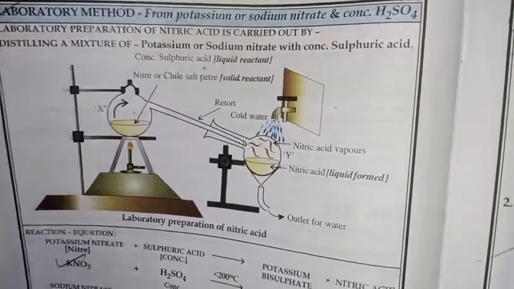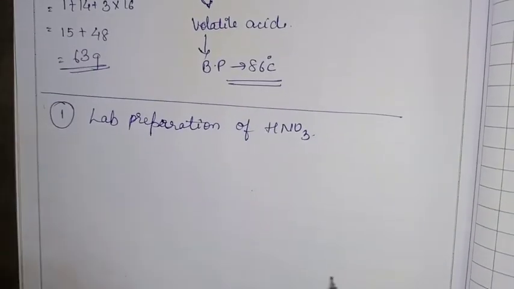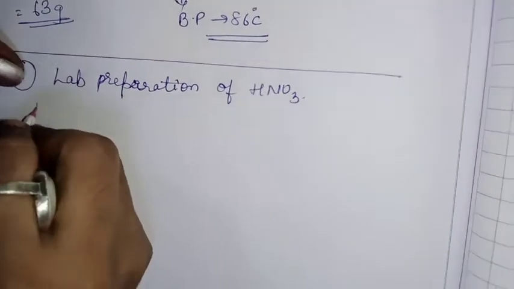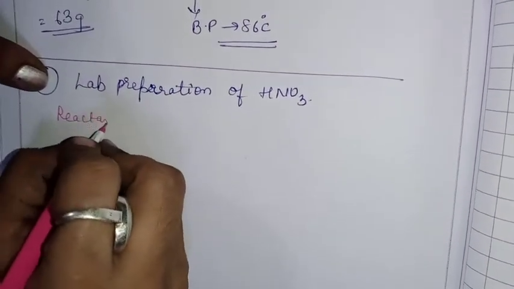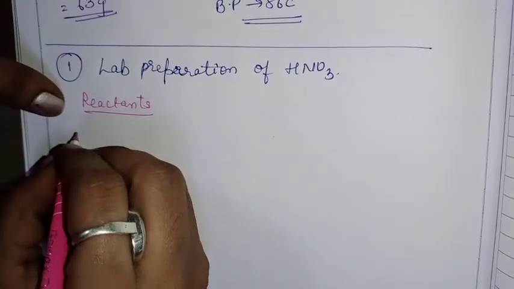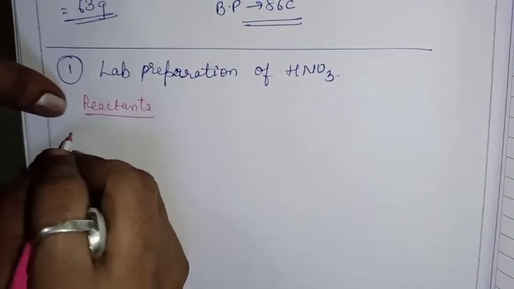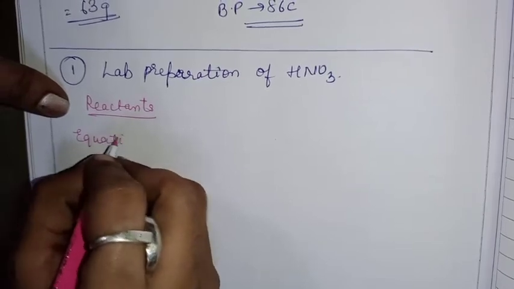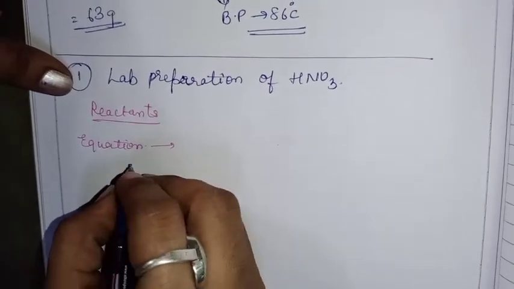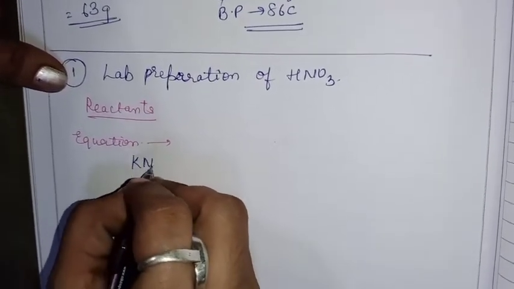So what are the details we require here in the laboratory preparation? First we are going to discuss the reactants, children. Let us see the general reaction, the chemical equation for the preparation. What is the equation, children? We have niter, that is potassium nitrate.